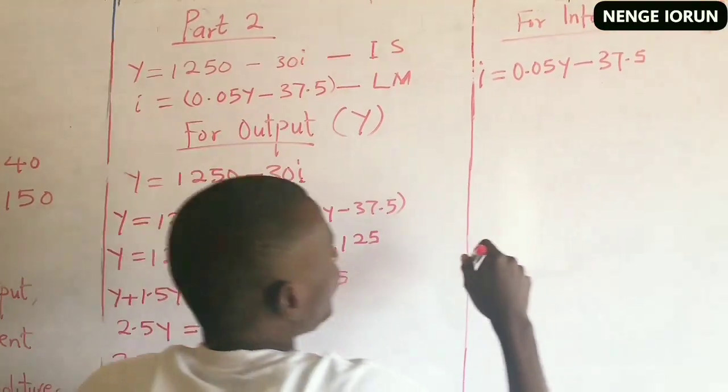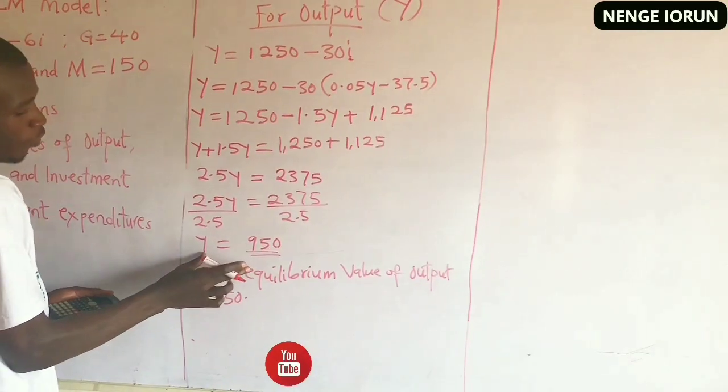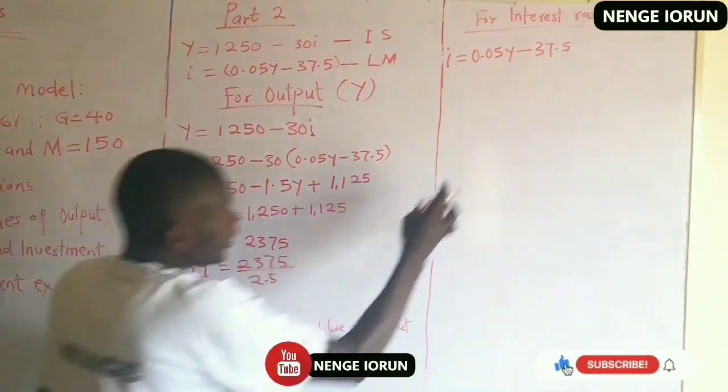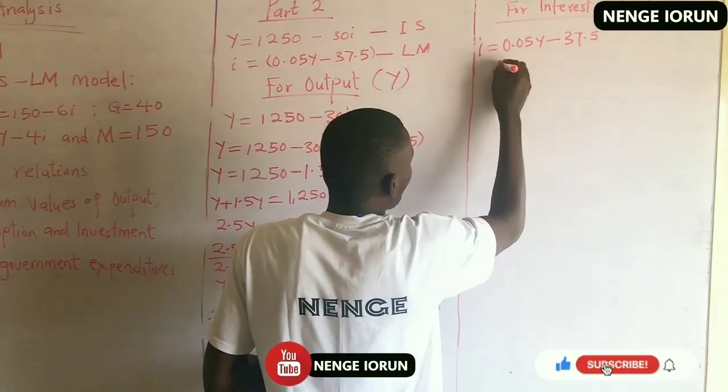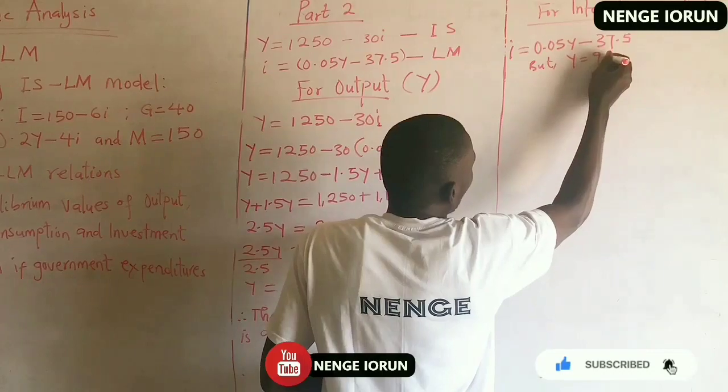Now you discover that we have succeeded in getting a value for Y. Y is equal to what? 950. So in place of this Y here, you put 950, since Y is equal to 950.